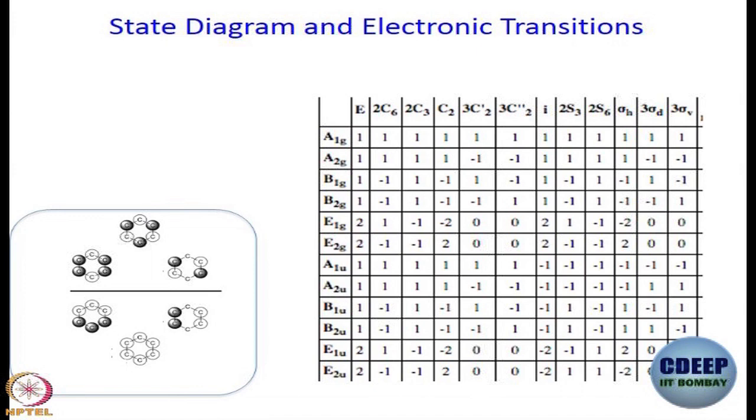So, what is it, A or B? It has to be A, right. 1 or 2, that we will see. G or U, that we can say very easily: U. So, we do not even look at these, we look at these, okay. With respect to C2, what will it be, plus or minus?